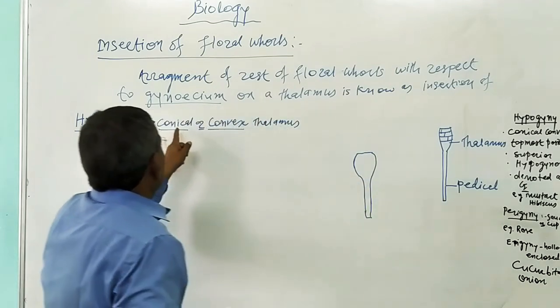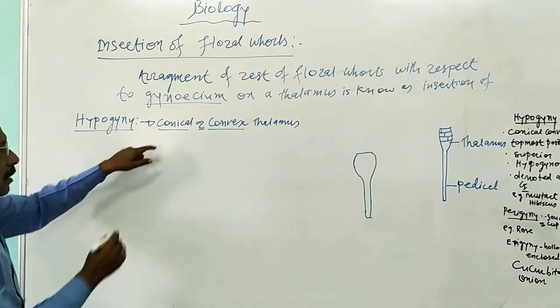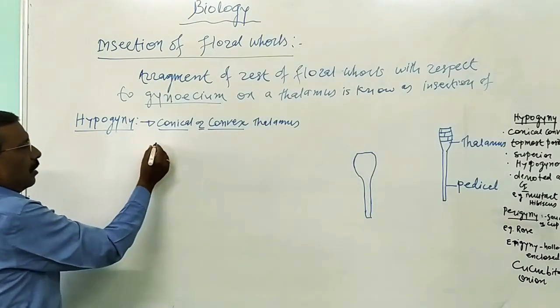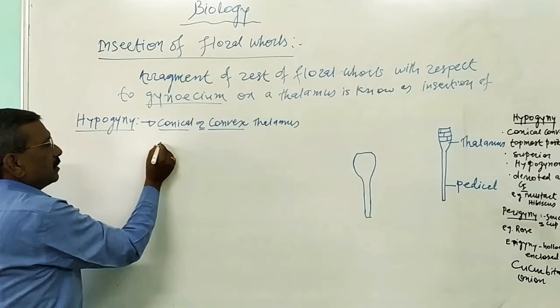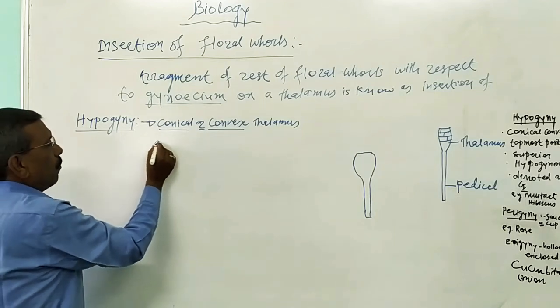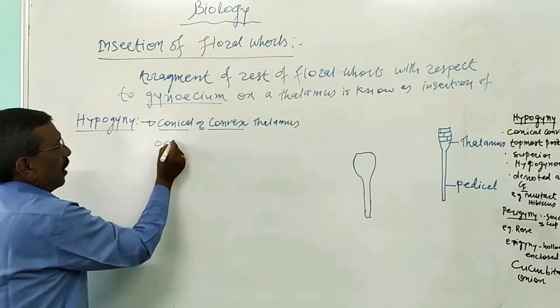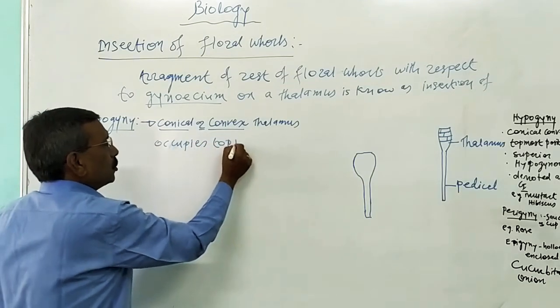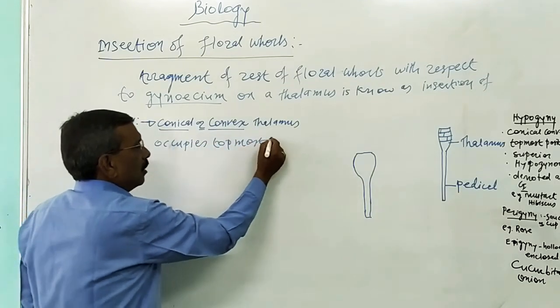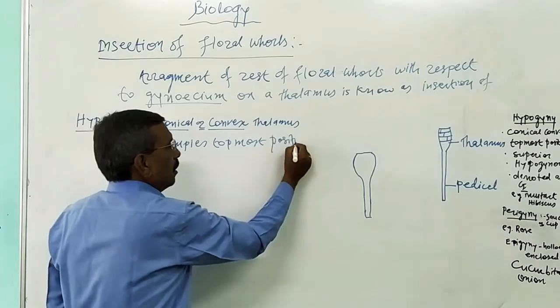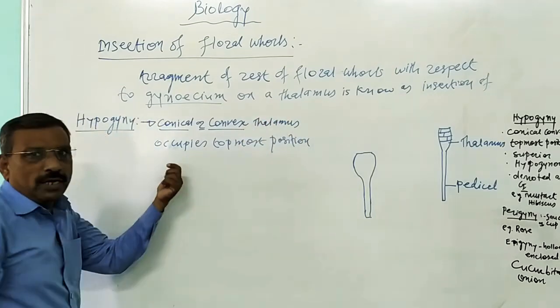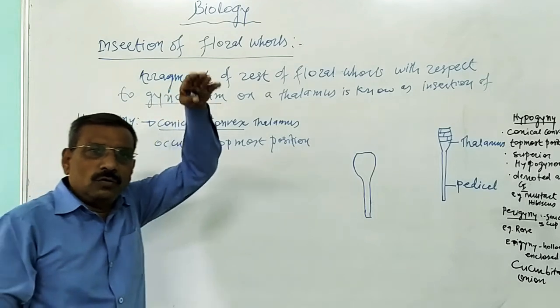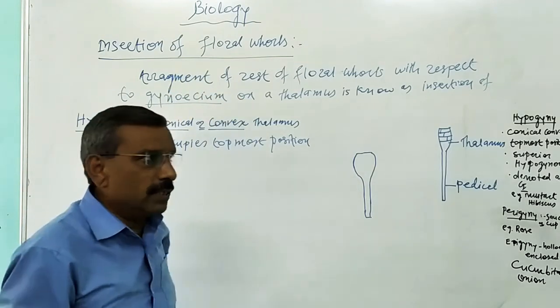Then next, in this condition the ovary lies at the top, or the ovary occupies the topmost position. Ovary occupies the topmost position on the thalamus, which means the ovary lies at the top of the thalamus.